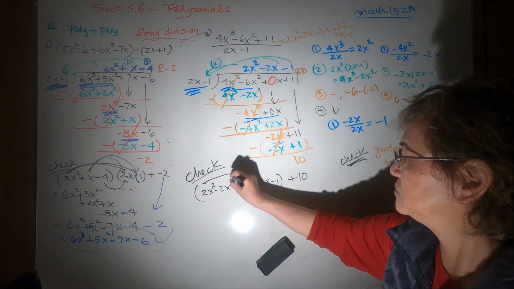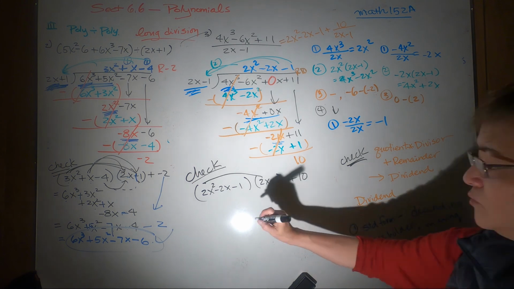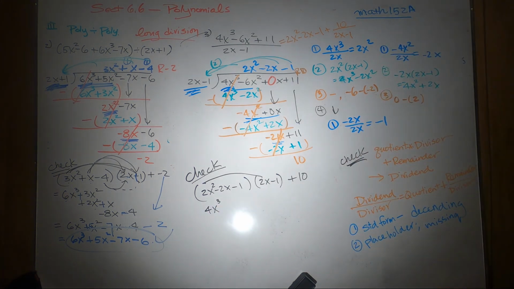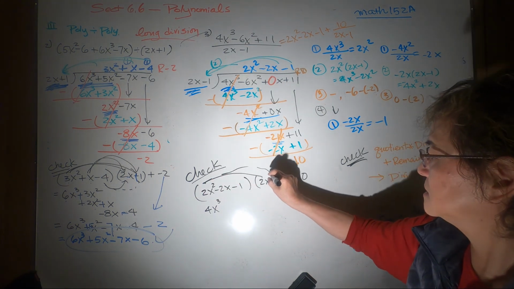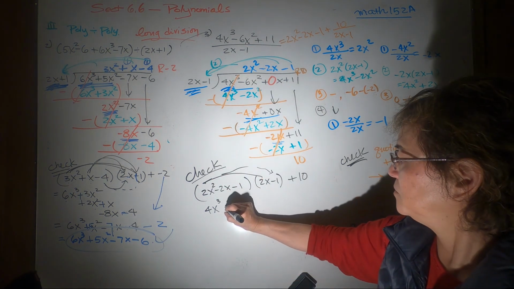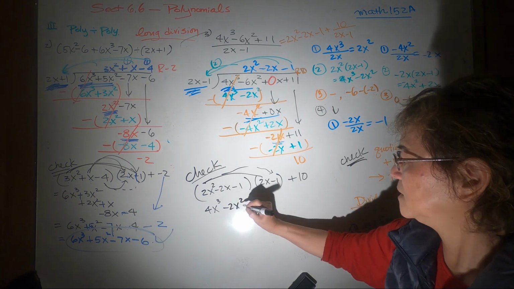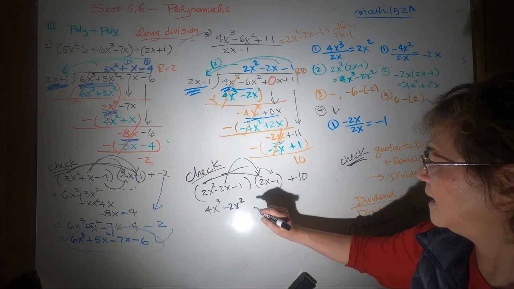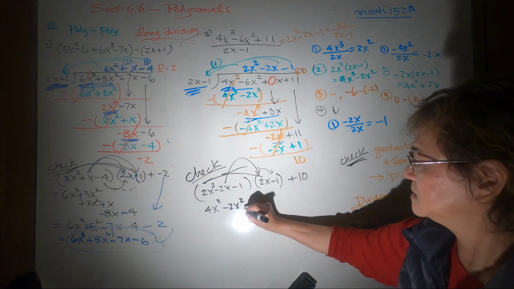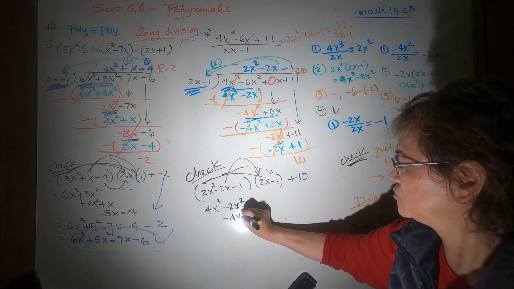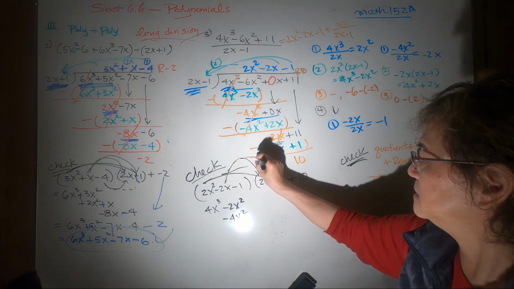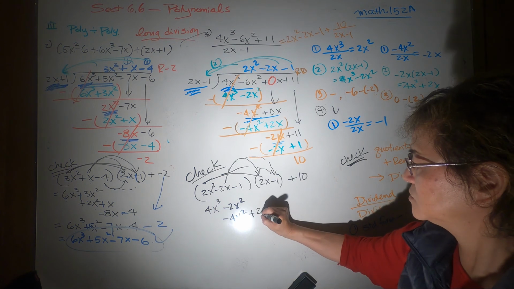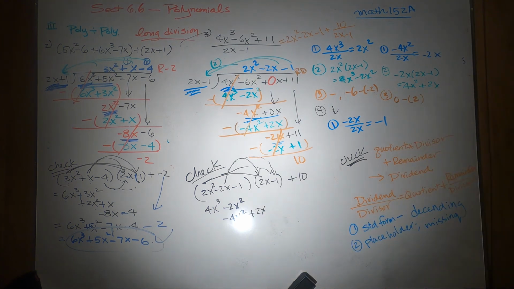So 2x squared times 2x is 4x cubed. Then 2x squared times negative 1 would be minus 2x squared. Then for the second term, negative 2x times 2x is minus 4x squared. Then negative 2x times negative 1 is plus 2x. Is that right?